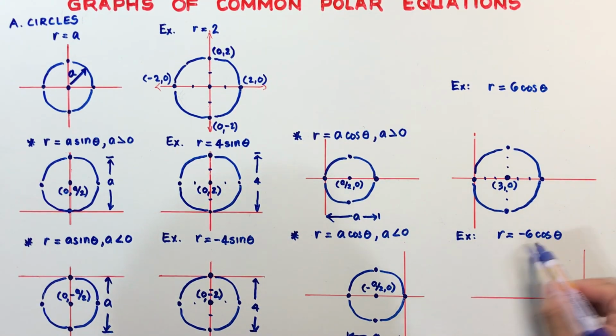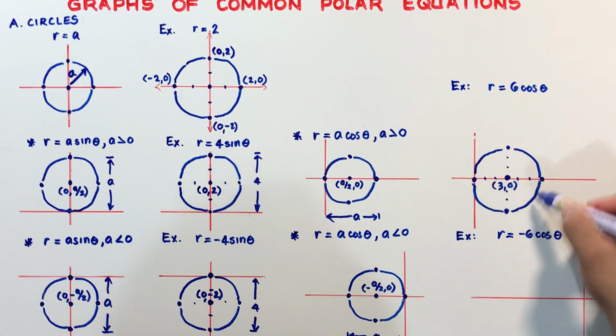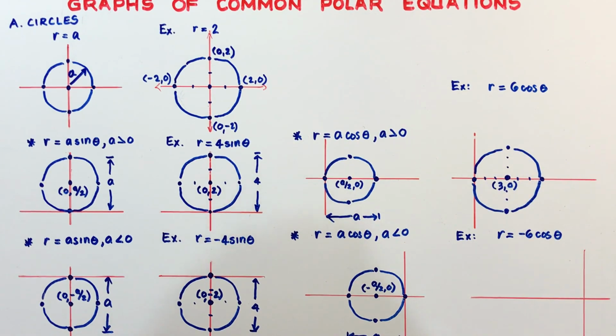The graph of this is almost the same graph as this, but this is to the left of the y-axis. So the center is along the x-axis and having a diameter of 6. So we go 6 units to the left. 1, 2, 3, 4, 5, and 6. So therefore, the center is halfway to negative 6.